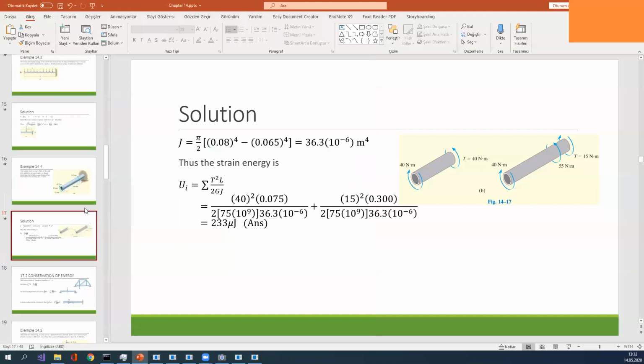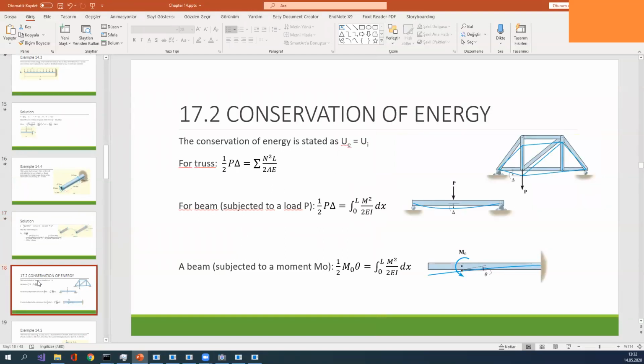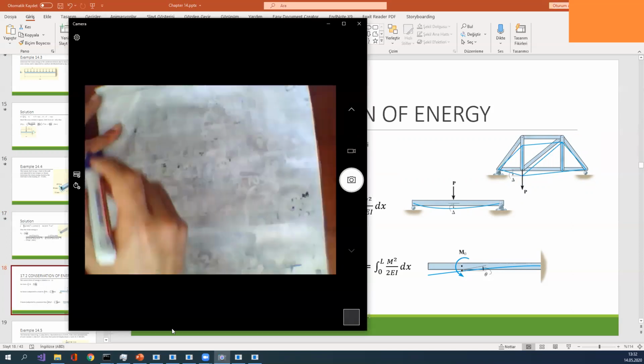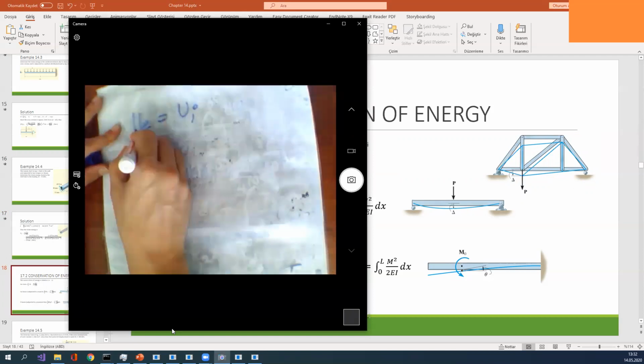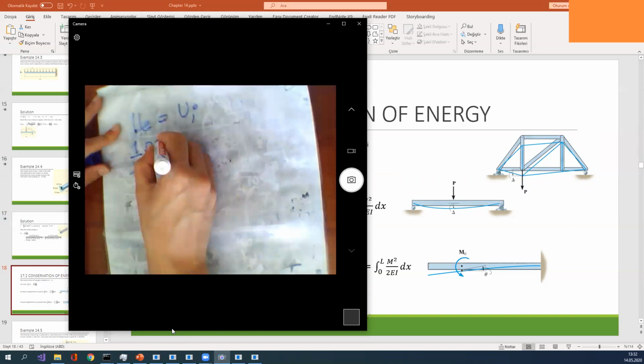Okay, now I hope you have learned the meaning of strain energy and how we can calculate it. Now we can pass to the conservation of energy. The conservation of energy principle says that external energy U_E is equal to internal energy U_I. So 1/2 P times delta is equal to the internal energy.